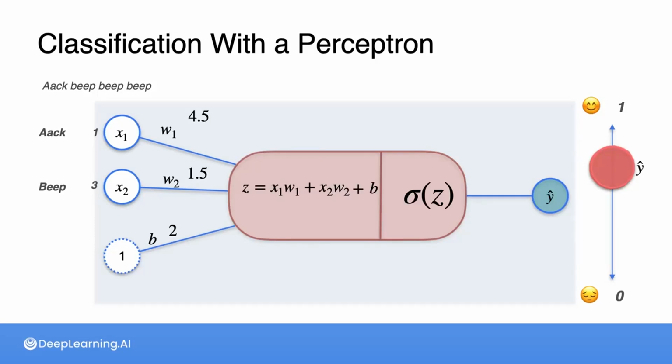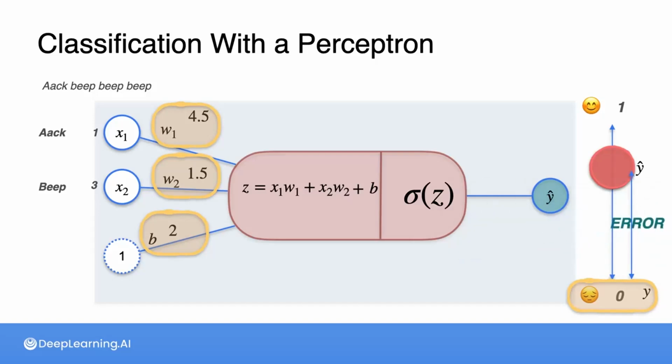And the idea is that we're going to use y hat together with a loss function that tells us how far y hat is from what it should be, in order to update the weights. So let's say that y is 0, so the sentence is sad. Then we're going to use that to update W1, W2, and B. So basically, we're going to measure how far y hat is from y, and that's the error.